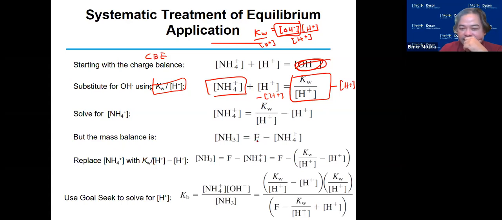NH3 equals F minus NH4 plus. So you have to put it here. You replace the NH4 plus with Kw over H plus minus H plus. So you end up with this expression here.